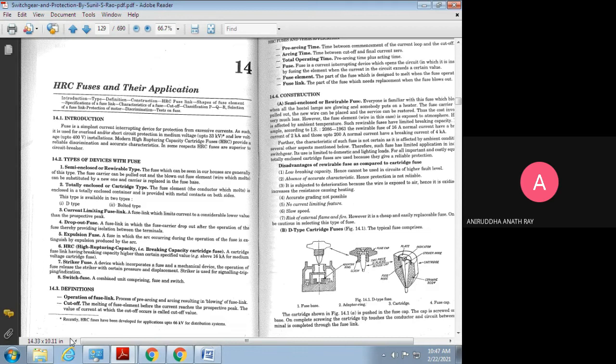The second one is the totally enclosed or cartridge type.